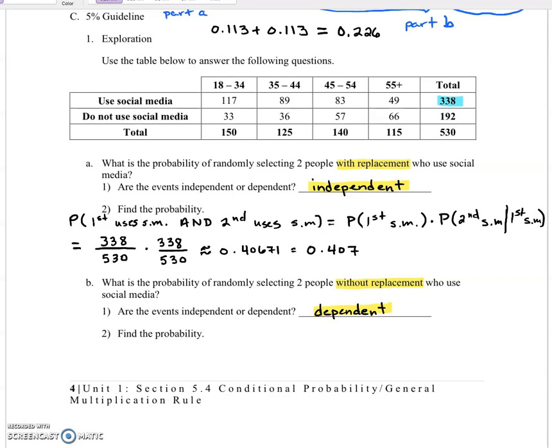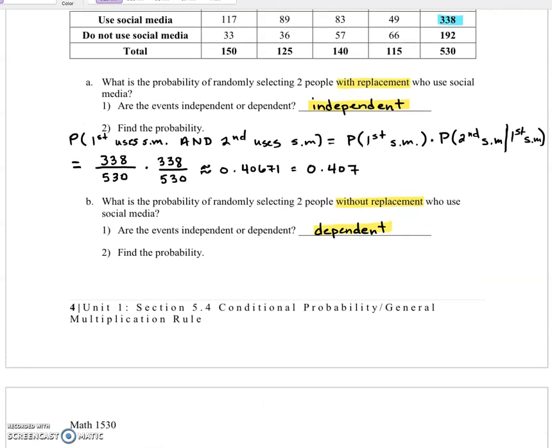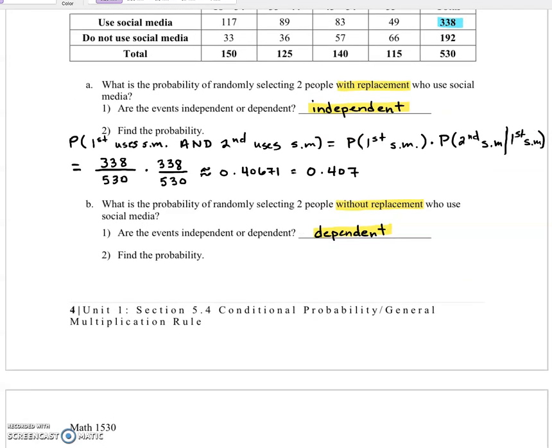So, let's see if we have any room. Nope, we don't. All right, so I'll try to squish this in here. We have the probability that first person uses social media and the second person we pick uses social media.